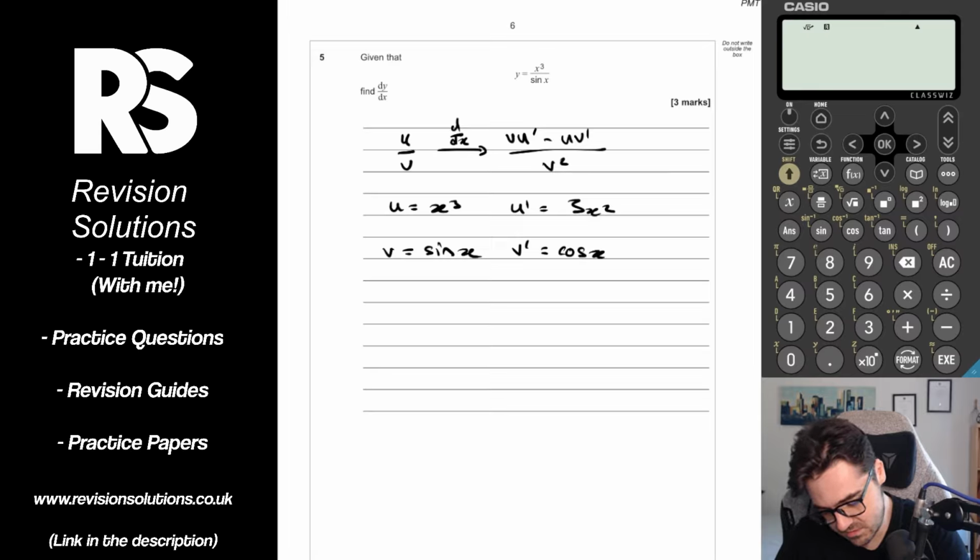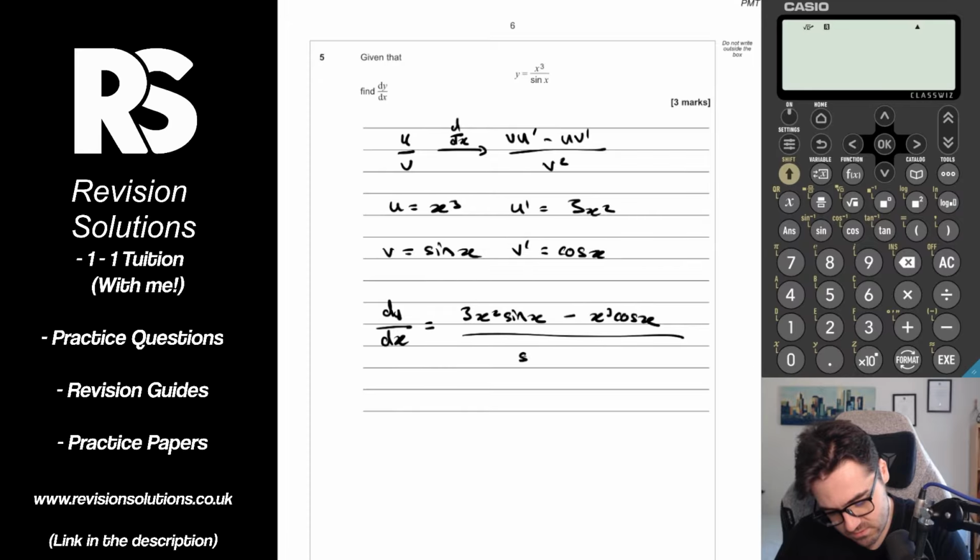Then just substituting into the formula, we'd get dy/dx = v times the derivative of u, so that's 3x² sin x, minus u times the derivative of v, which would be x³ cos x, all over v squared, which would just be sin² x.